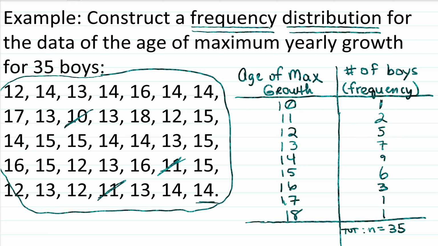So this frequency distribution that we just created tells us that one subject had a maximum growth at age 10, right there, and then 2 at age 11, 5 at age 12, 7 at age 13, and so on. And then the maximum growth for most of the subjects occurred between the ages of 12 and 15, right?